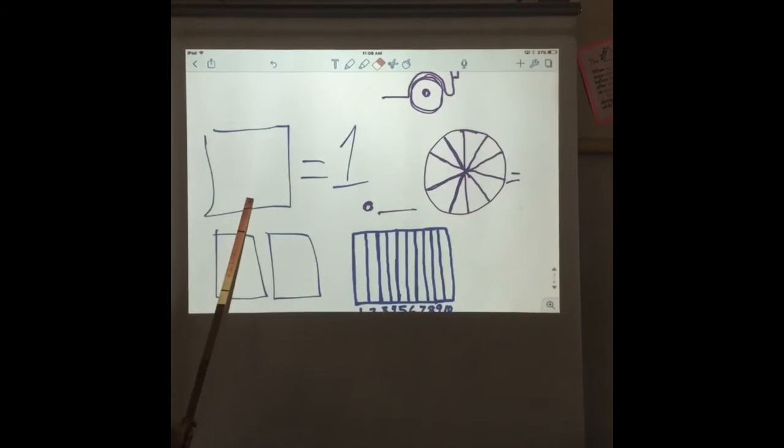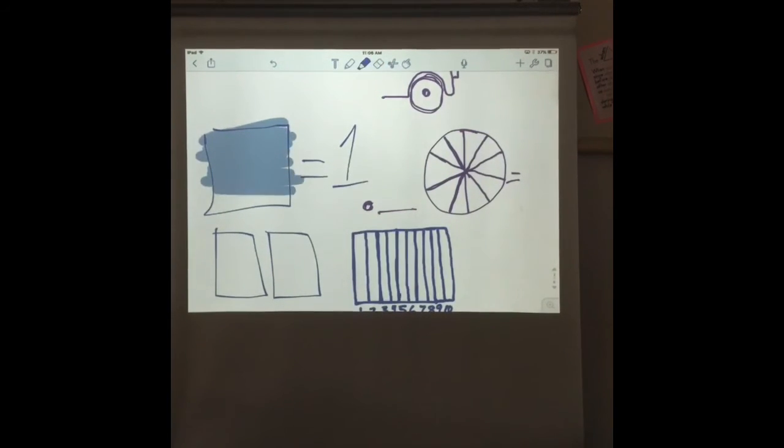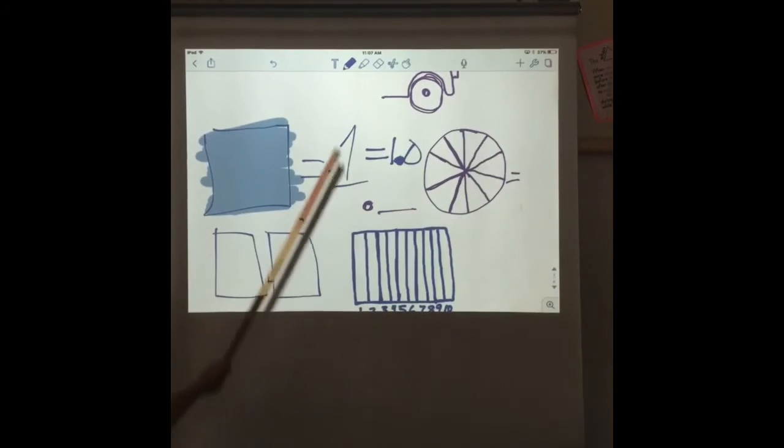What do we have here? We have one whole, right? So I could shade this in, and that gives us our one whole, right? How do we write this as a decimal? 1.0. We notice that up above, right? Yes. Okay.